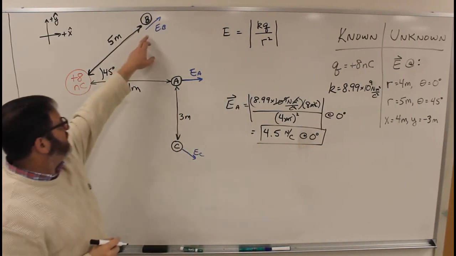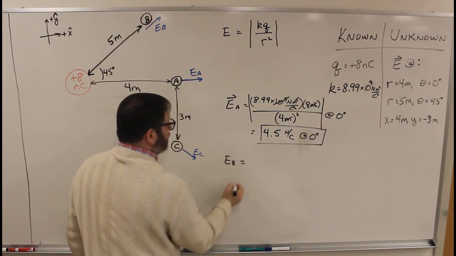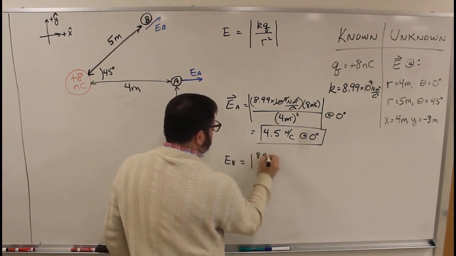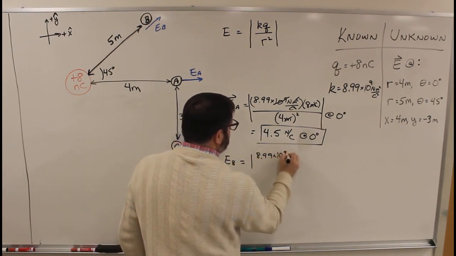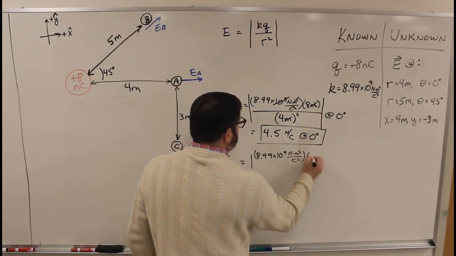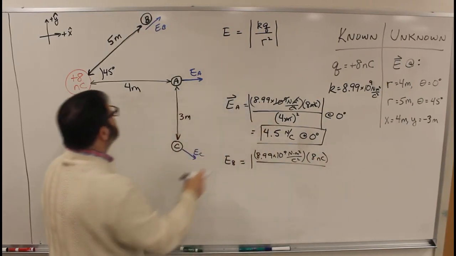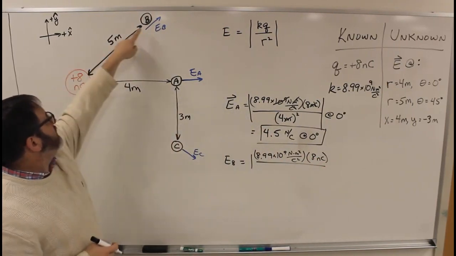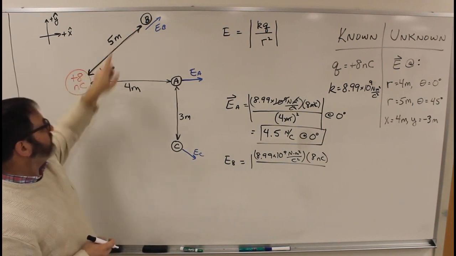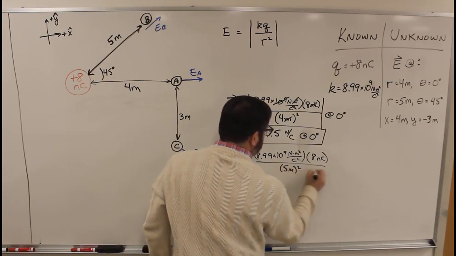Now the second one, B. So EB is, same thing, 8.99 times 10 to the 9th Newton meters squared per Coulomb squared times 8 nanocoulombs divided by, this time, this distance r, this is 5 meters. So 5 meters squared.